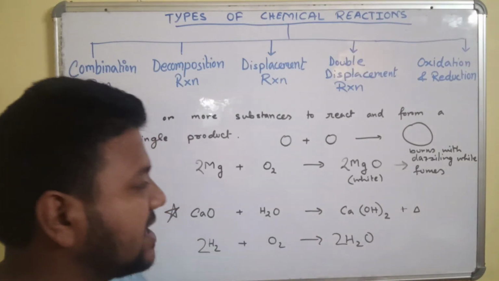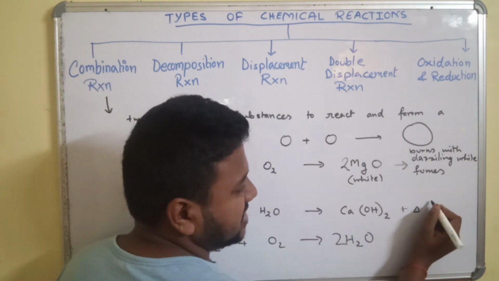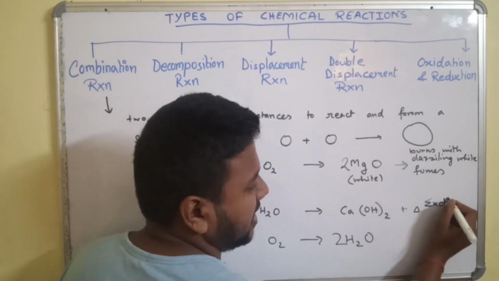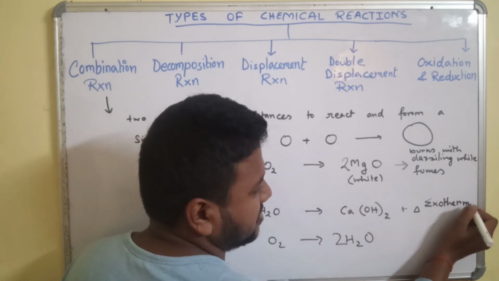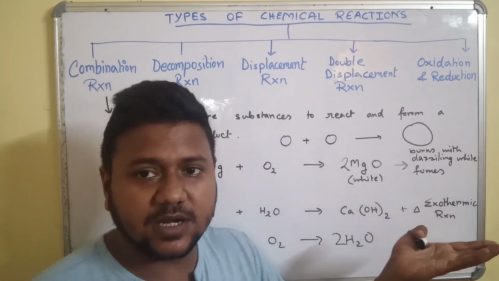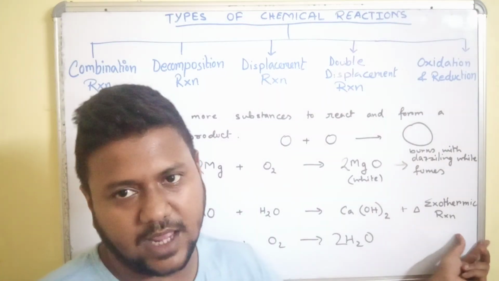Hence we can say that heat is liberated. So we call this reaction an exothermic reaction. Exo means excreted out. The heat is excreted out, hence it is called an exothermic reaction.